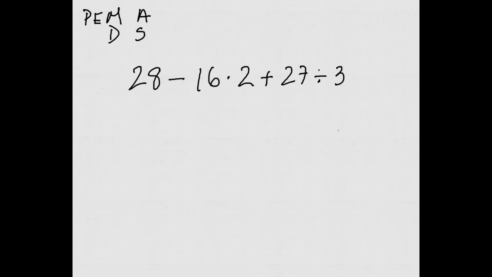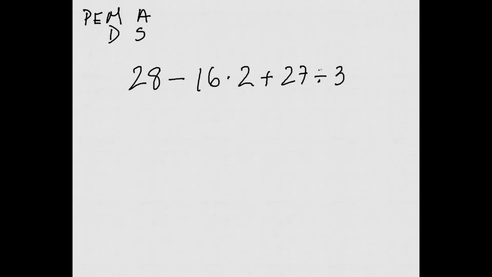Now, a new scenario. If you have 28 minus 16 times 2 plus 27 divided by 3. First, here we don't have any parentheses, so we go to the next step, which is exponents.